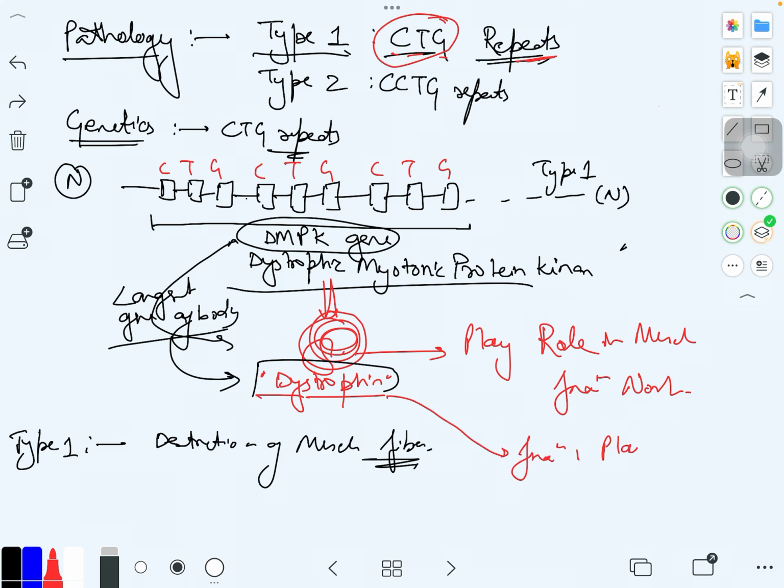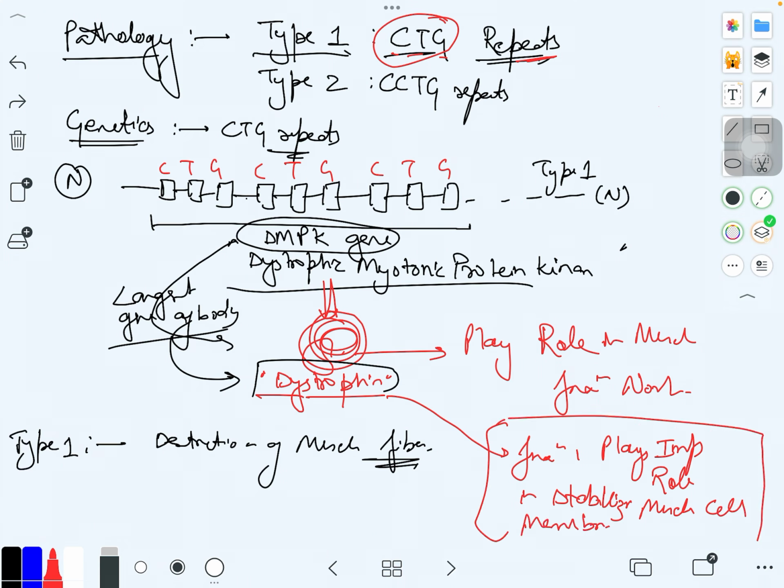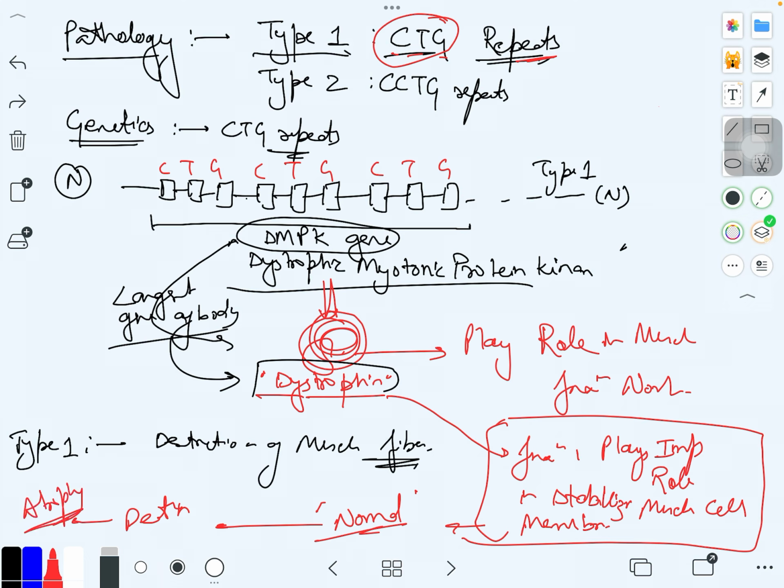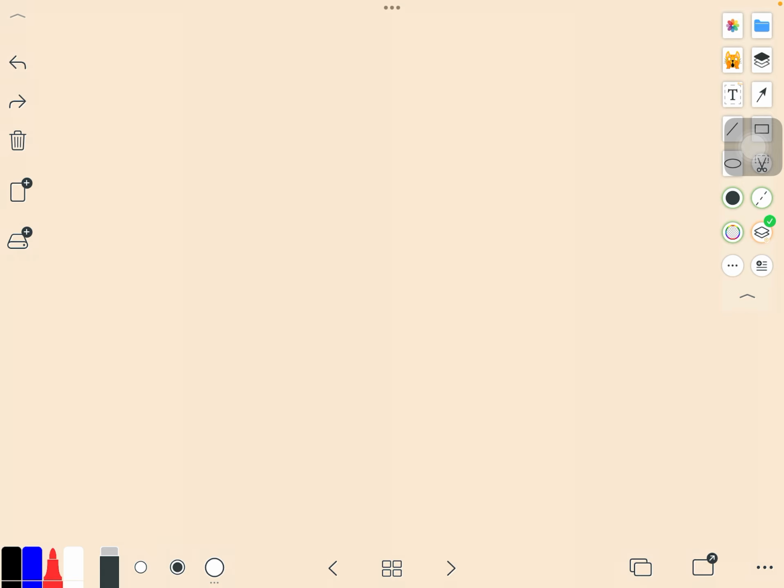Dystrophin actually plays an important role in stabilizing muscle cell membranes. As it becomes abnormal, the cell can't stay in the normal phase for a period of time. Because of this, there will be eventual death, or if not death, at least atrophy of the muscle fibers. Okay, now we're done with this one.